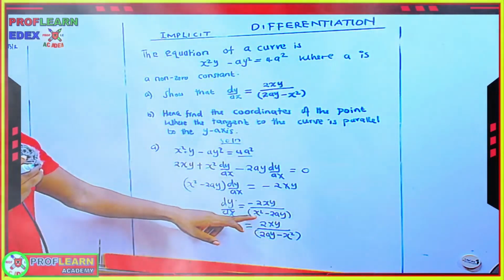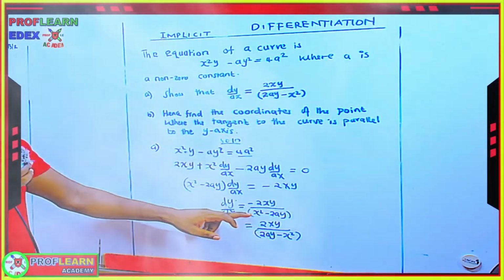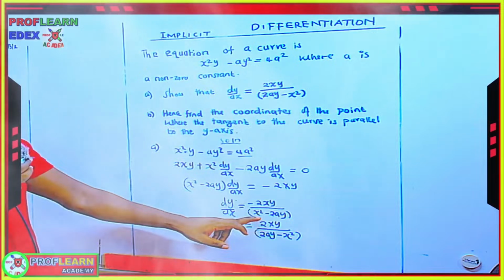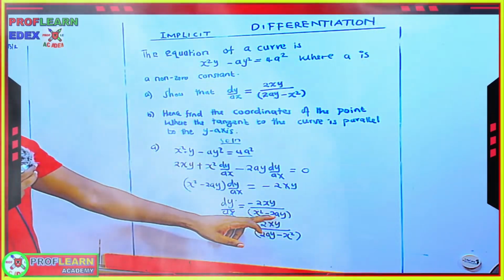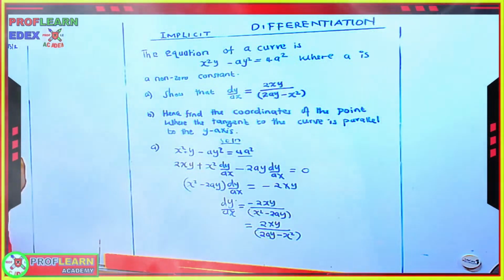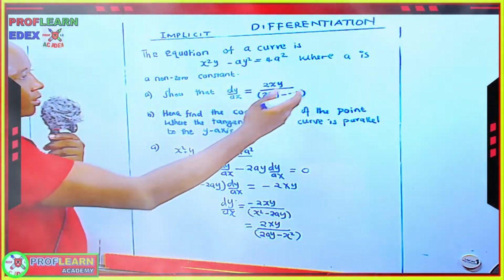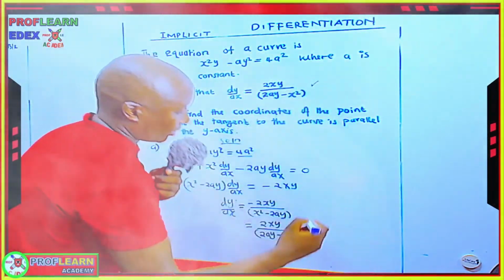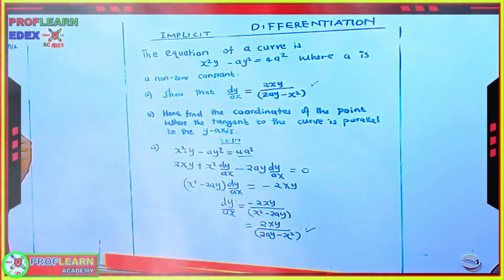Because of this sign, I can rearrange that. I take it down, I can start by writing 2ay. Okay, so you can see now we have arrived at that equation.